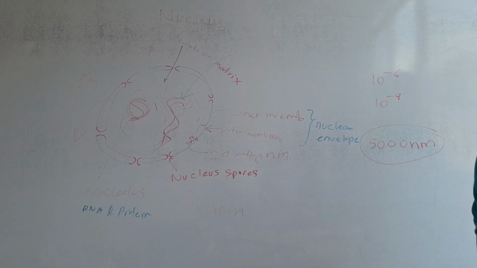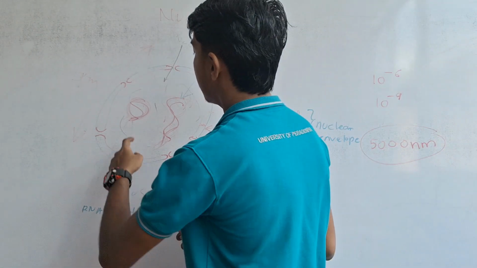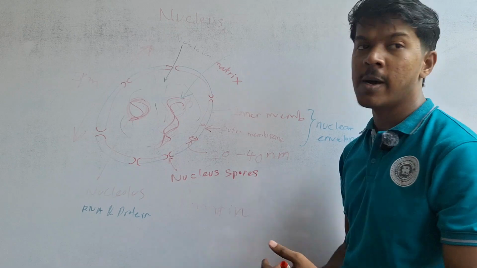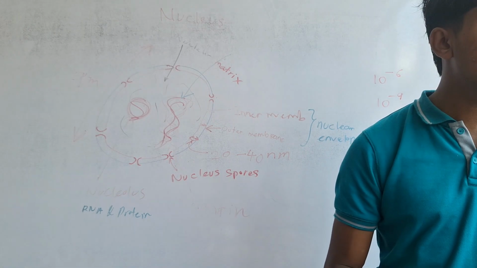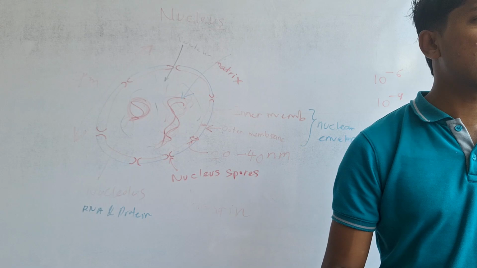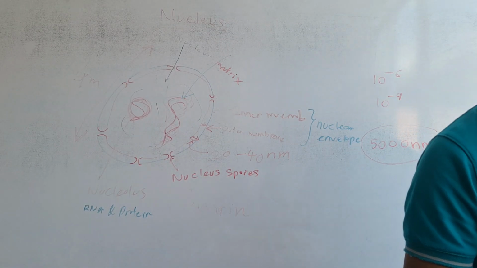It has a nuclear lamina made of protein filaments which lie on the interior side of the nuclear envelope. What is meant by filament? Filament means a fiber-like structure.